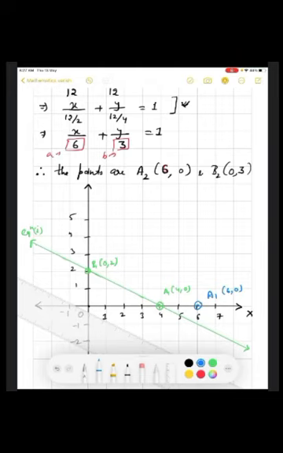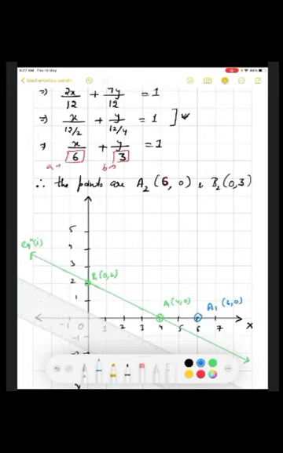You sure we've taken the right equation? I think I've. So this is 0, 3.